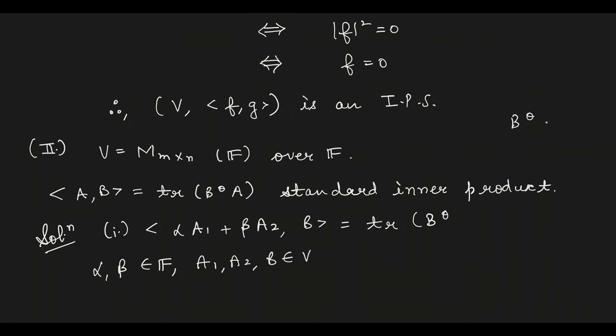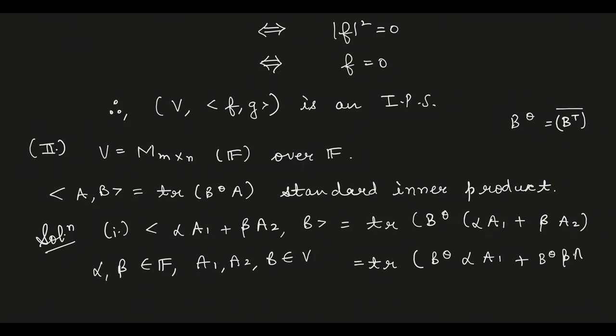That is conjugate transpose, no? Transpose conjugate. So this will be b theta alpha a1 plus beta a2. Now trace of b theta alpha a1 plus b theta beta a2.